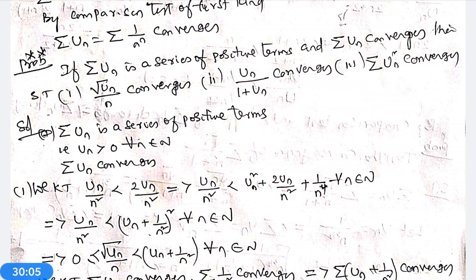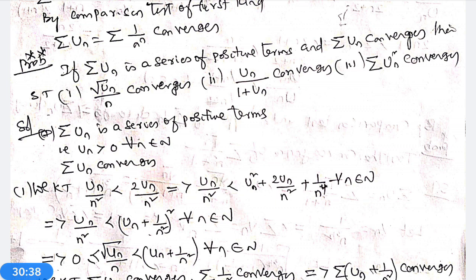We know that un by n square is less than un plus 1 by n square whole square for all small n belongs to capital N.